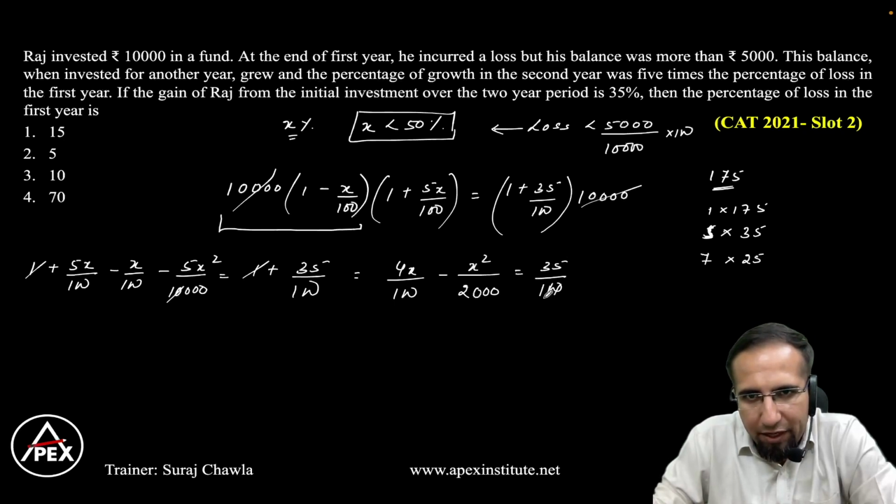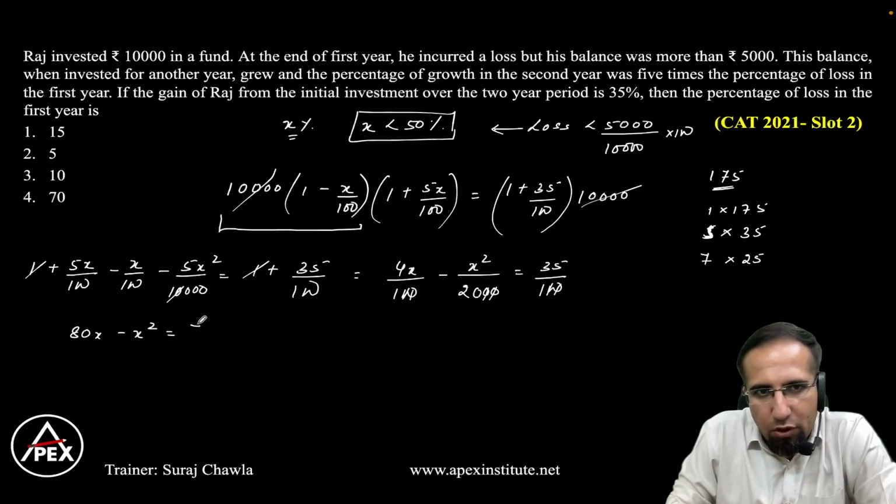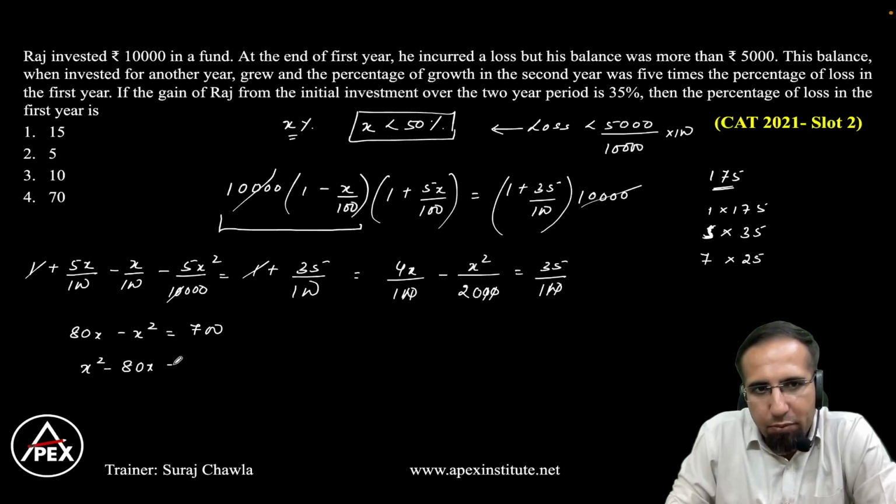So we can cancel double zeros across. So we have a 20 left. So this becomes how much? 80x minus x square is equal to 700. Clear? Or we have x square minus 80x plus 700 is equal to 0.